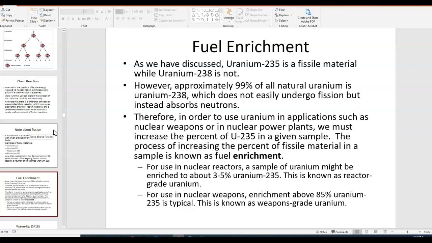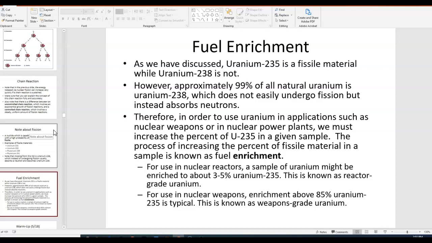Now, the reason that's important is uranium-235 is fissile. 99% of the uranium on Earth is uranium-238, so there's a very, very small amount of 235 available.